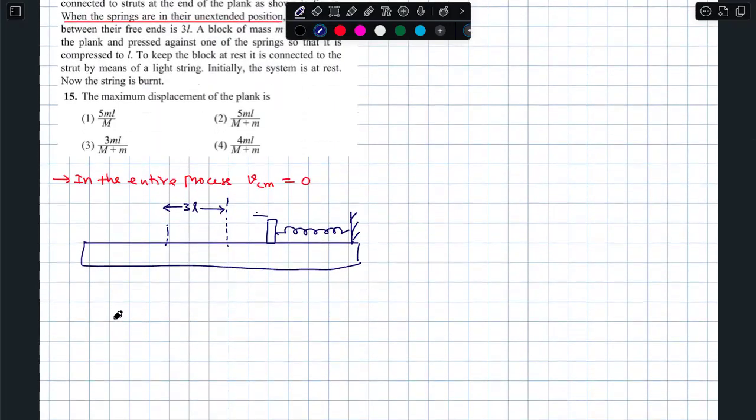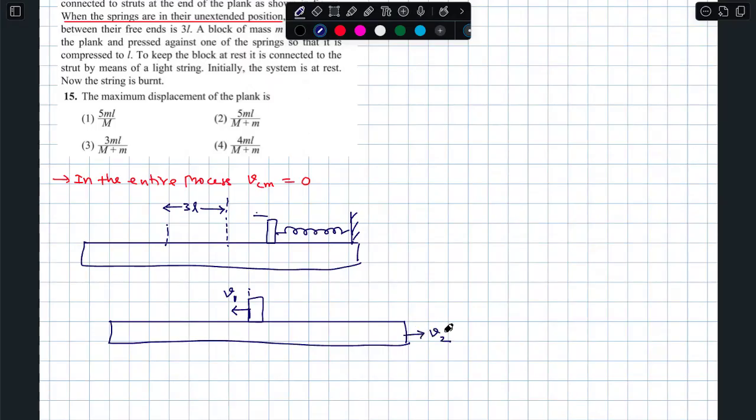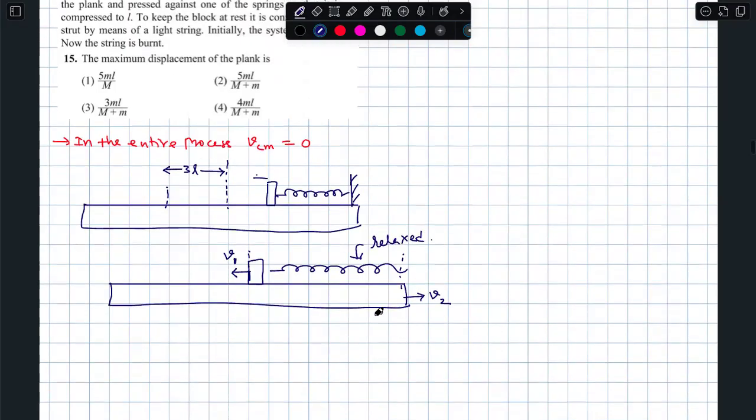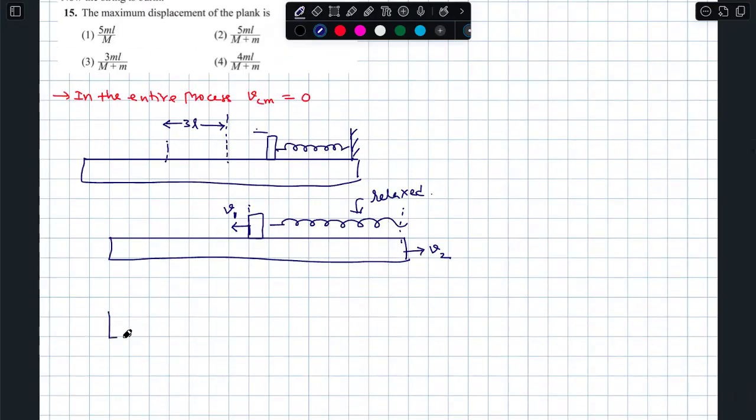By the time the spring relaxes, this one will have velocity v1 and the lower object will have velocity v2. And the spring is relaxed. And thereafter what happens?